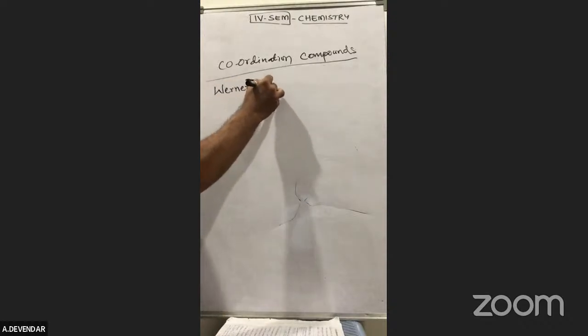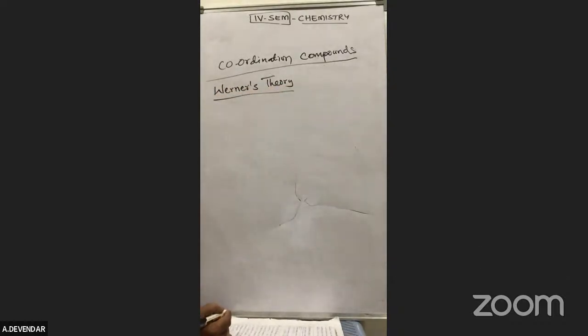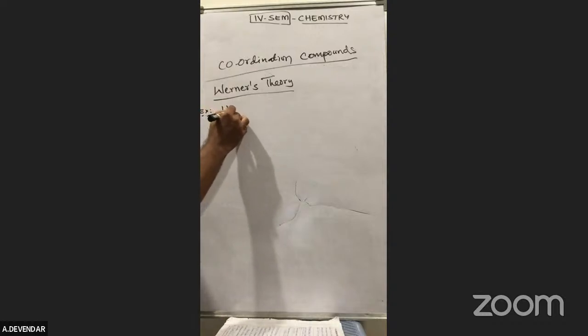Werner's theory. Werner explained this theory with a complex compound, particularly hexaamine cobalt(III) chloride. He explained it with this complex compound; the example is taken for Werner's theory.